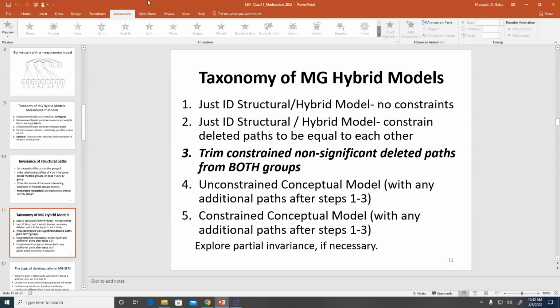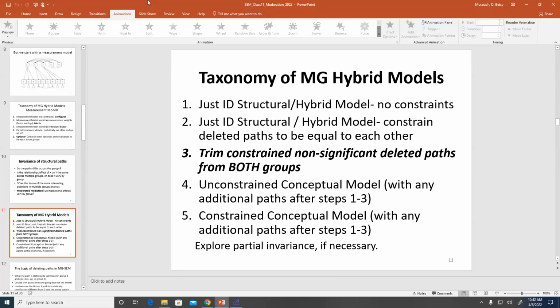Just like we've been doing, yeah. So then, okay, the question is, we're going to do the same thing with our conceptual model, right? We've got our unconstrained conceptual model, which includes any additional paths after steps 1 through 3.